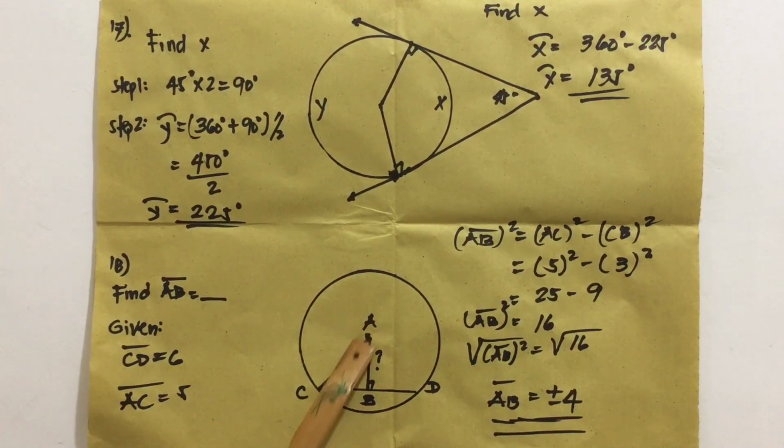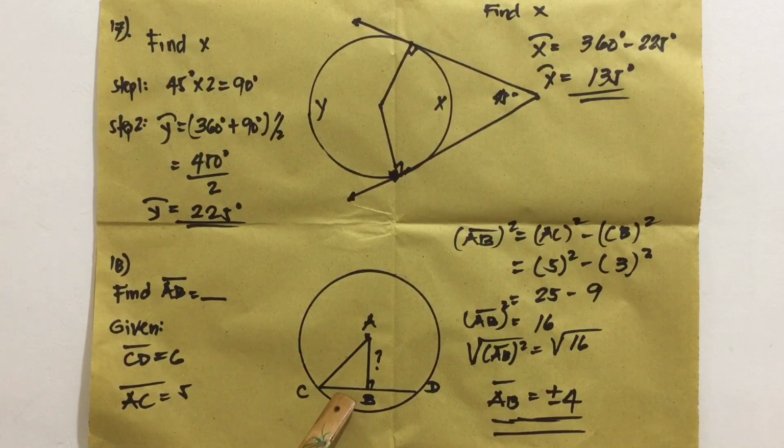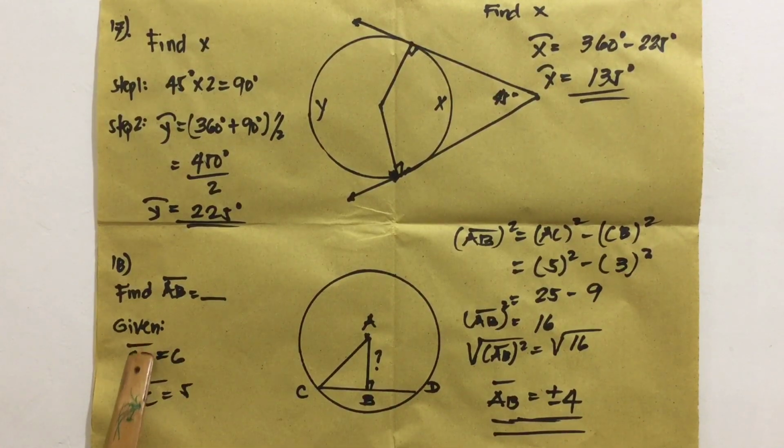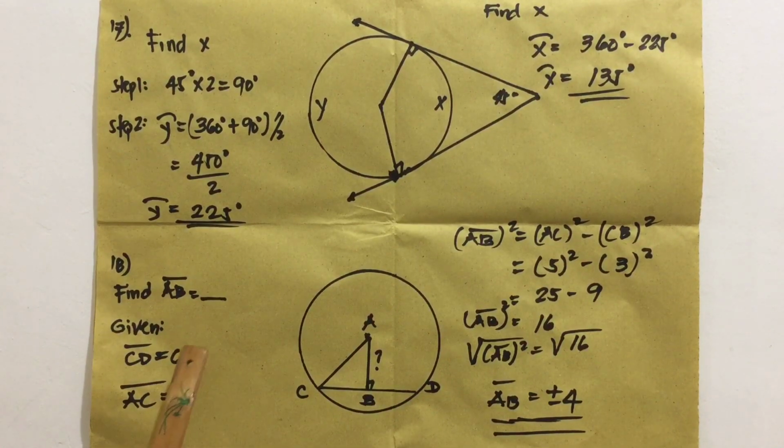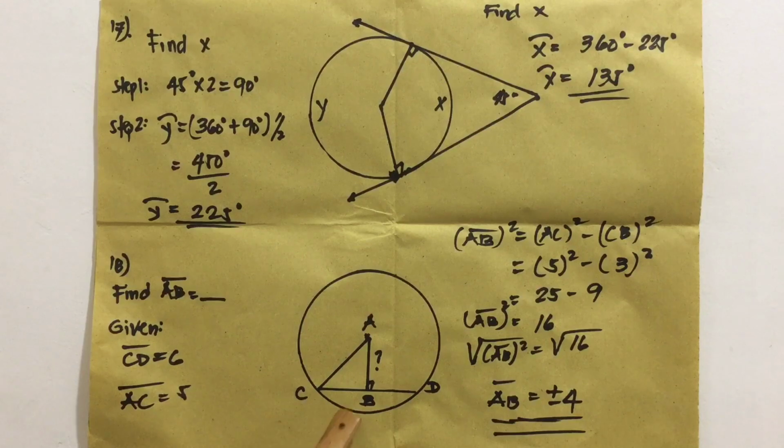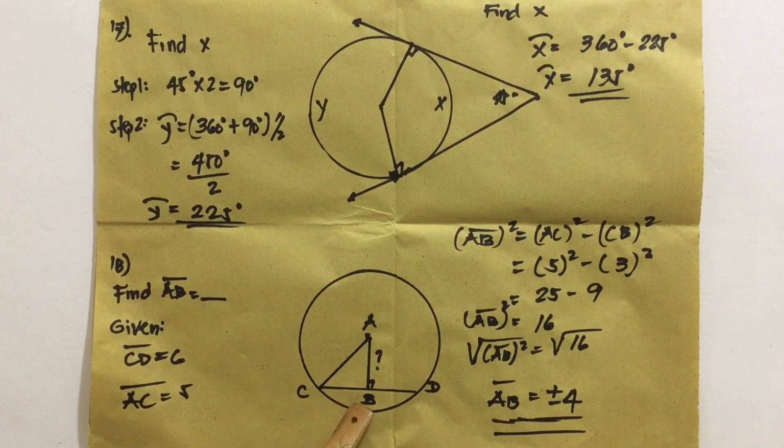If we're going to compute AB, we need to know the value of CB. Remember, CB is half of CD. So CD is 6, divided by 2 equals 3. Therefore, the measurement of CB is 3 and AC is 5.